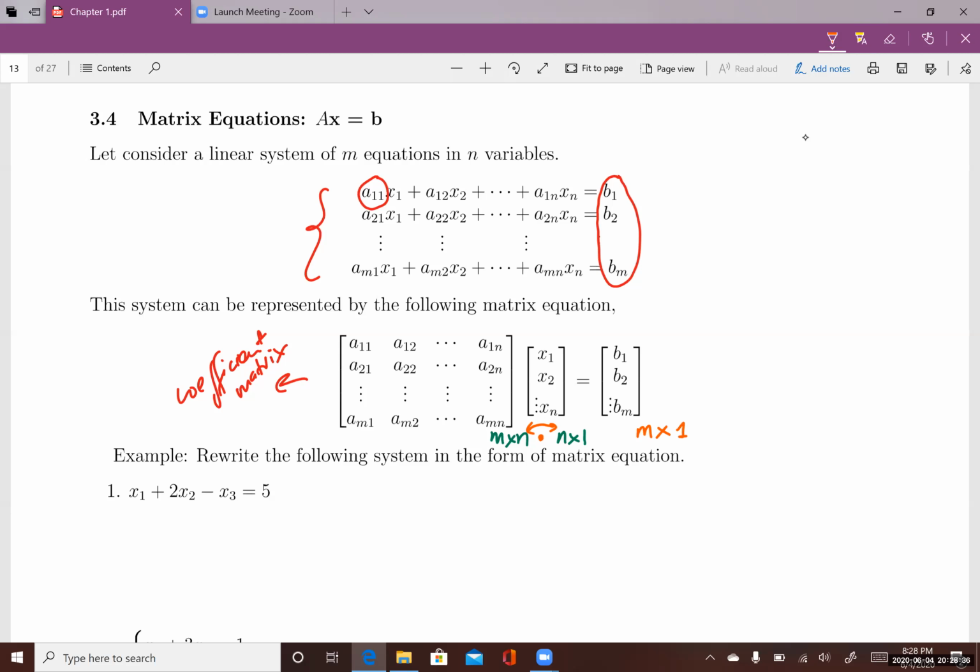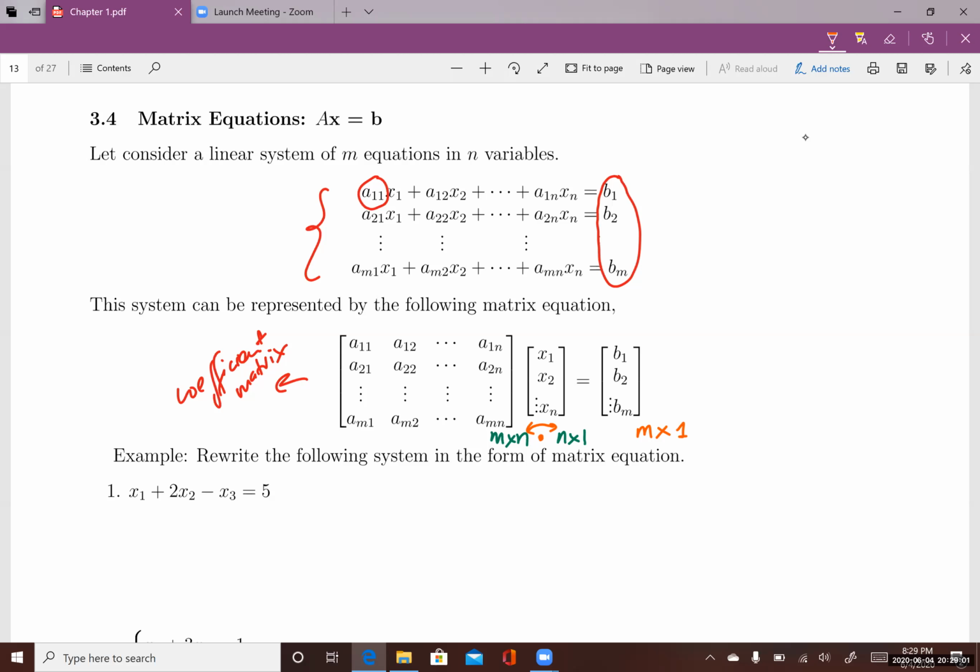And that's exactly right. The constant column vector is an M by 1 matrix that contains all the constants on the other side of all these equations. And there are M equations, which means you have M real values in this vector.